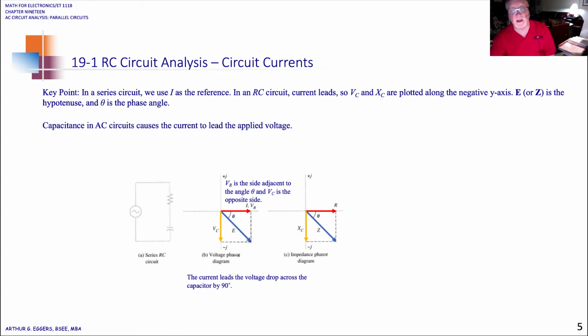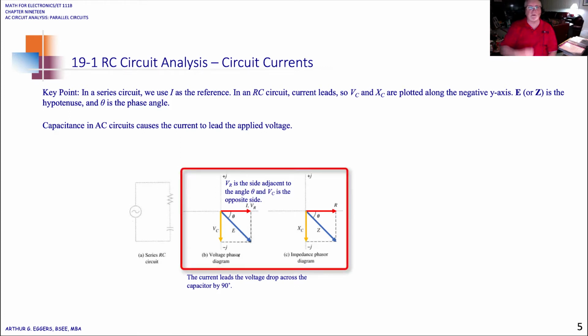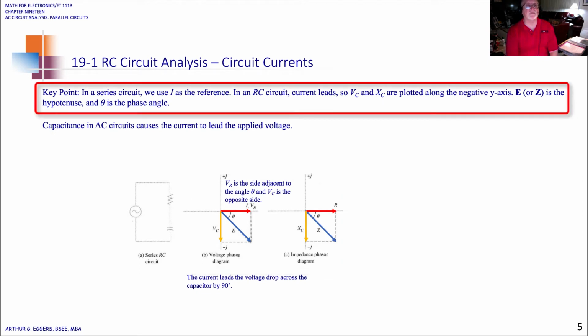So again, if we take a look at the vector relationships, we should be getting pretty used to looking at these and determining what each of these vectors is telling us, whether they're on the j-axis, on the real axis, and the resultant or hypotenuse formed by the right triangle or the phasor relationship. In a series circuit, we use current as the reference.